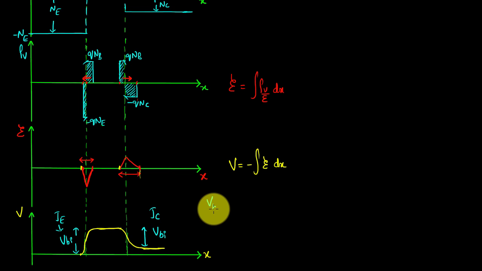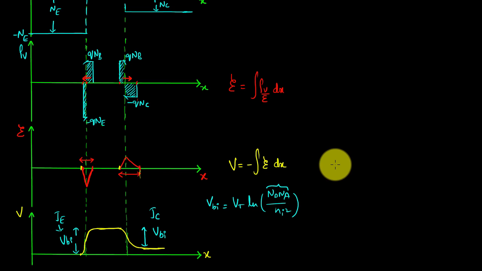We know pretty well the built-in potential is actually given by Vt times ln of Nd Na over Ni square, where Nd and Na are dopings on either side of the junction. So if you see, Nd and Na values are pretty high for the emitter-base junction compared to the base-collector junction. As a result, the built-in potential for the emitter junction would be high compared to the collector junction. That's why we have shown the graphs like this.